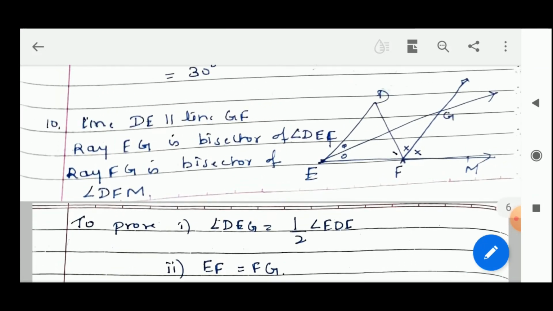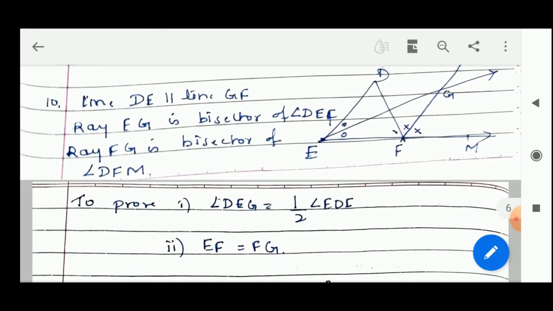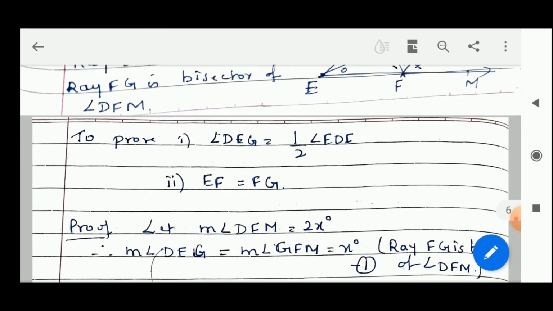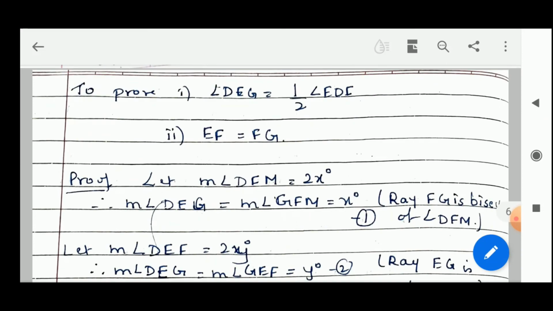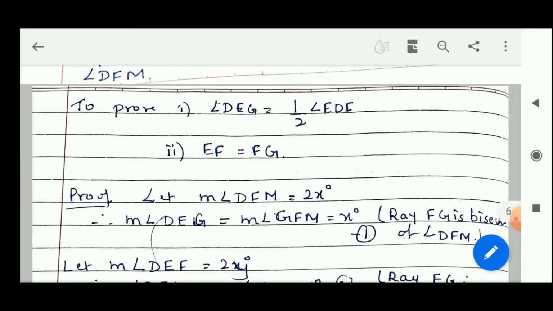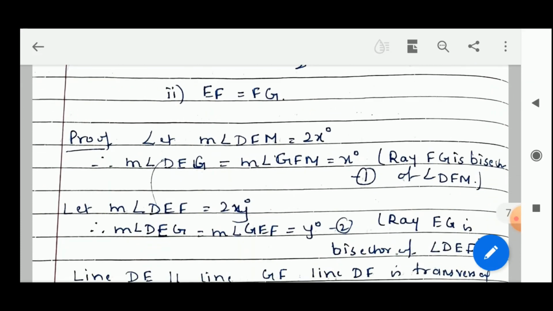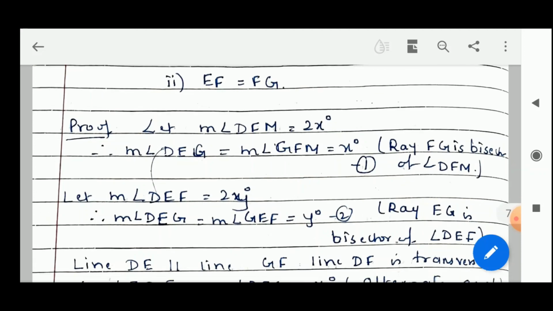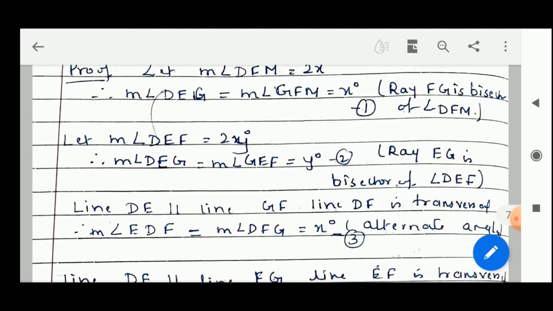Measure of angle DFG equal to measure of angle GFM is equal to x degree. Ray FG is the bisector of angle DFM. Now measure of angle DEF is equal to 2y. So DEG is equal to GEF is equal to y. Ray EG is the bisector of angle DEF.